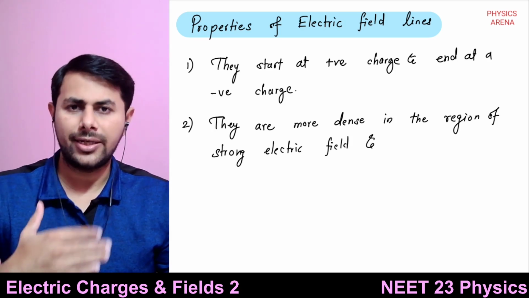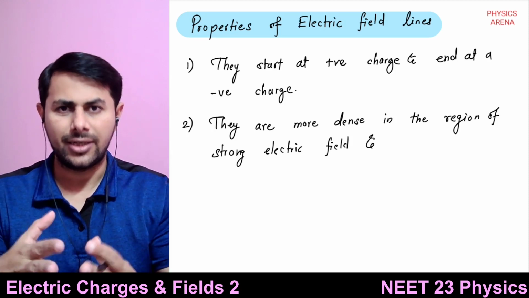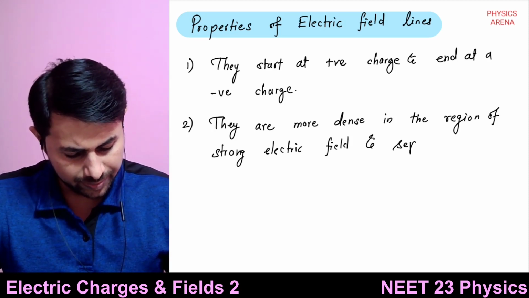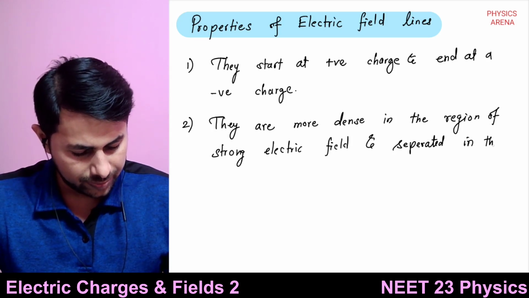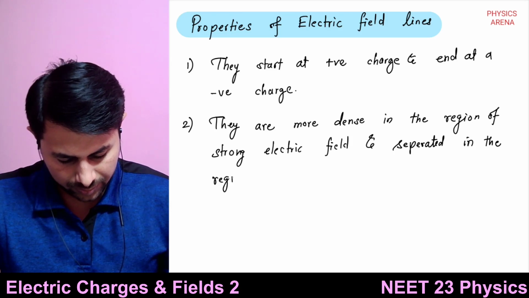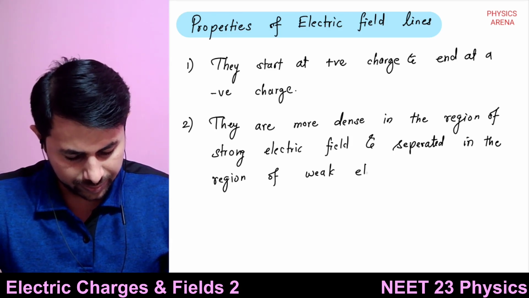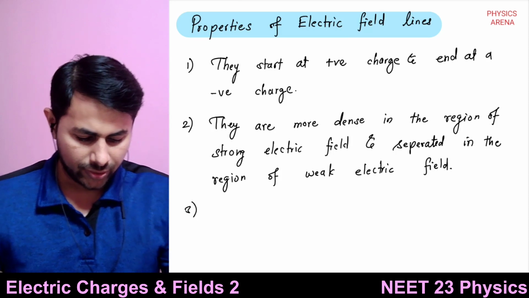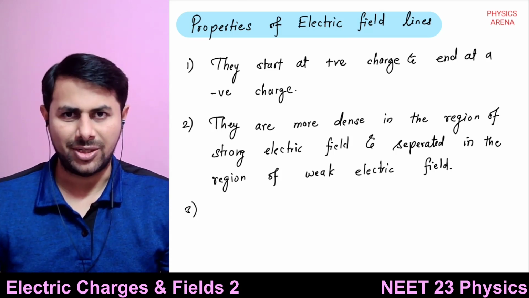As the electric field becomes stronger, the electric field lines get denser and denser, and separated in the region of weak electric field. So the density of electric field lines tells us about the electric field.